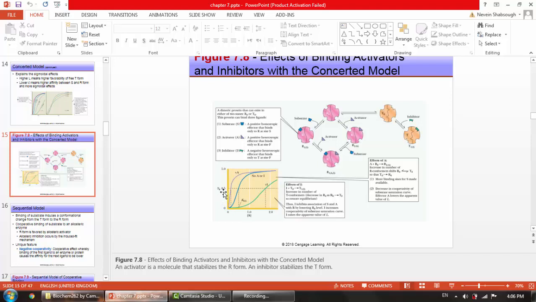And here you can see the value of K1/2, which is the substrate concentration at 1/2 Vmax. It is highest in the presence of the inhibitor and lowest in the presence of the activator.